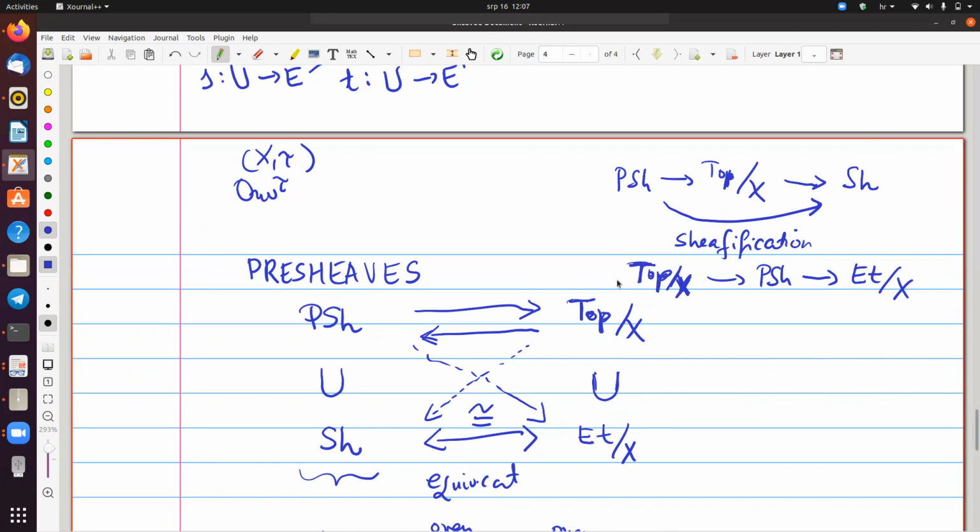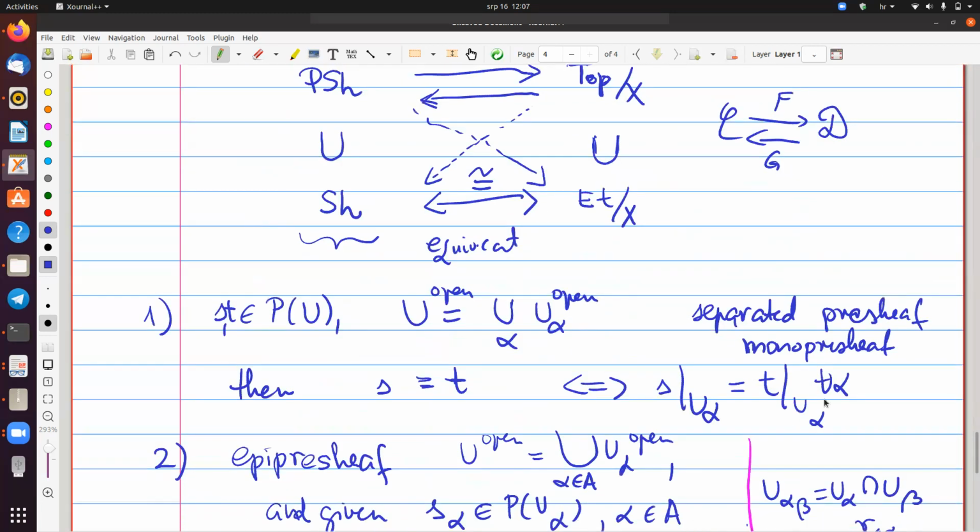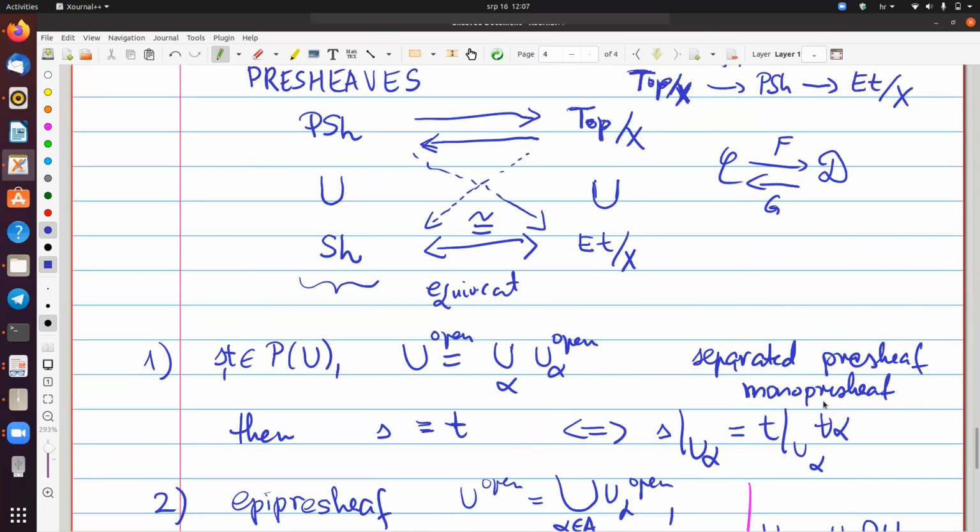Now, if I have an adjunction, if you have two functors, say f and g from C to D, then what an adjunction is can be said in two ways.